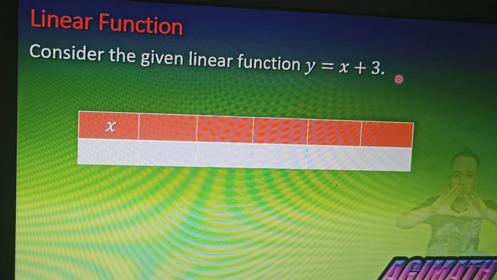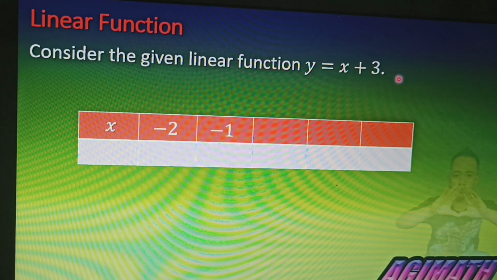For our table, it is composed of two rows. One row for the values of x and another row for the values of y. Again, x is our independent variable, so meaning we can assign values for x. In my case, I want x to be negative 2, negative 1, 0, 1, and 2.